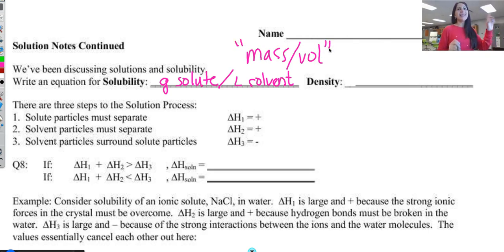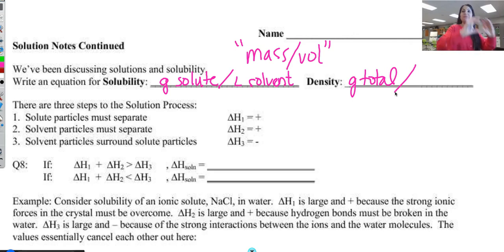Well, density is, if I gave you a cube of gold, for example, and I want to know the density of it, it's the mass of what? Well, there's no solute. It's the total mass of the substance, so the grams total. You take the whole piece of gold and you weigh it, and that's how you get the mass of it.